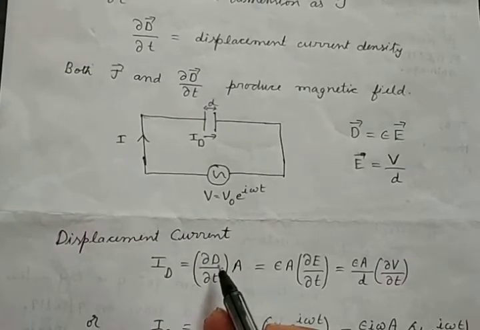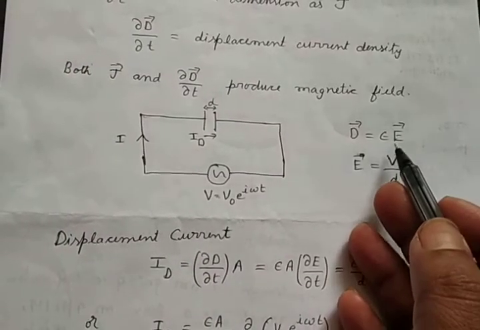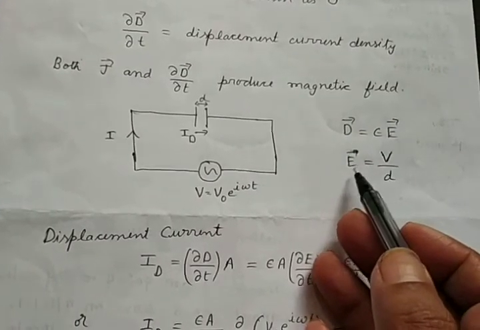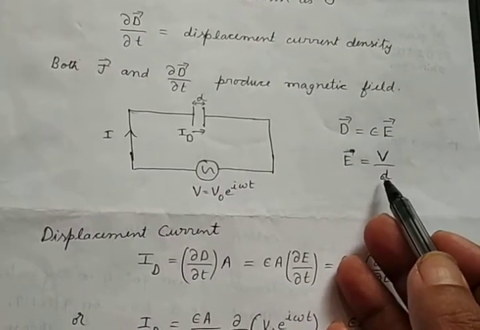Now replace D by the relation epsilon E bar, and again replace E by the relation V by d.